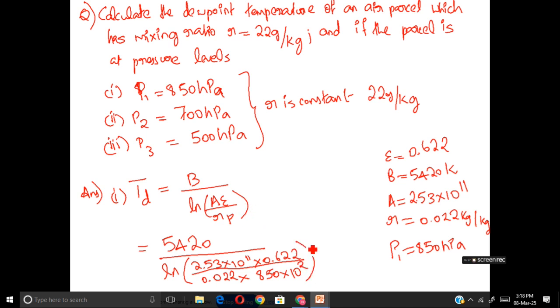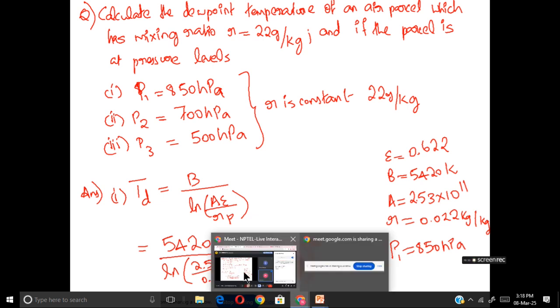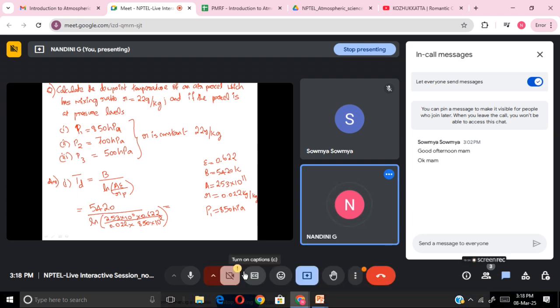So can you calculate and tell me what will be the value of dew point temperature at the pressure level 850 hectopascal? 5420 divided by log of A into epsilon divided by R into P.